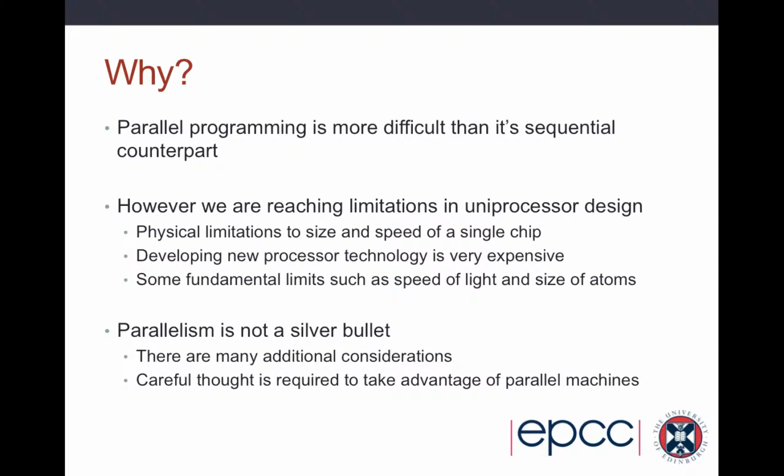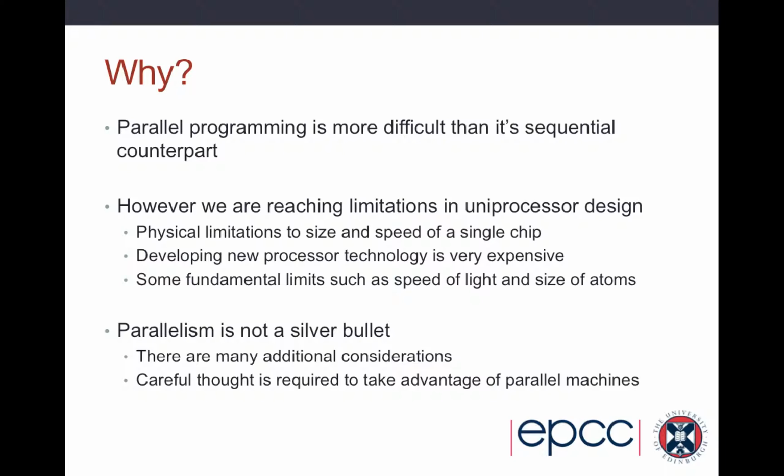So why do people do parallel programming? Because it is much more difficult than sequential programming. So the reasons are the same as the reasons for why build parallel machines.